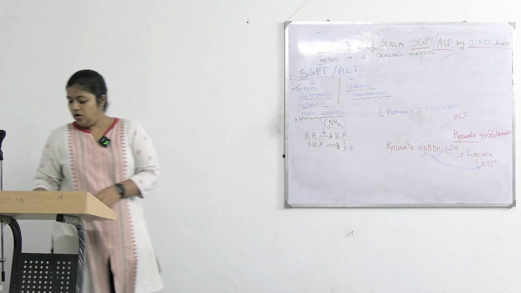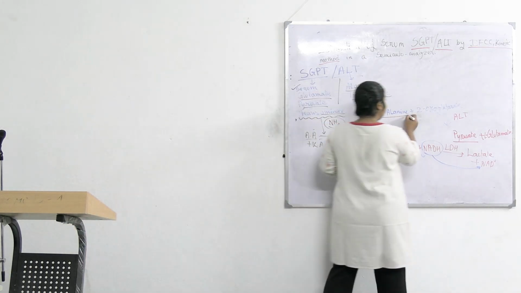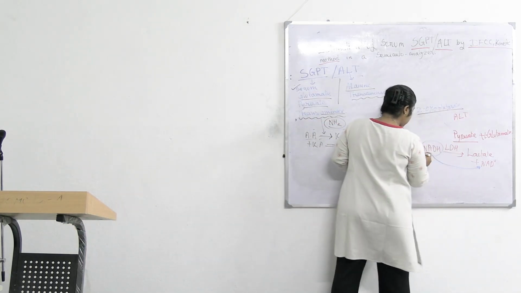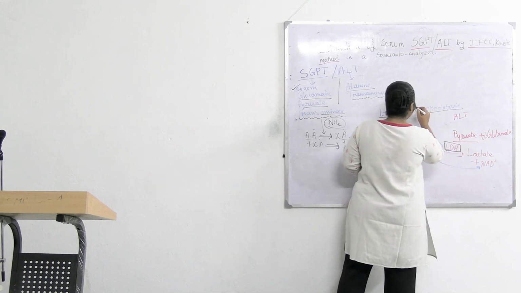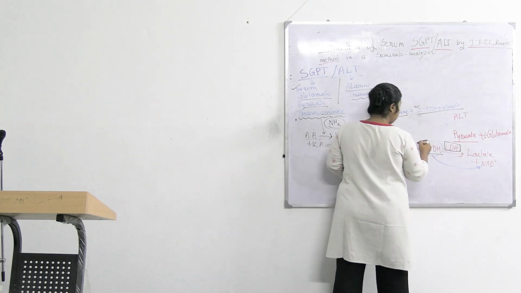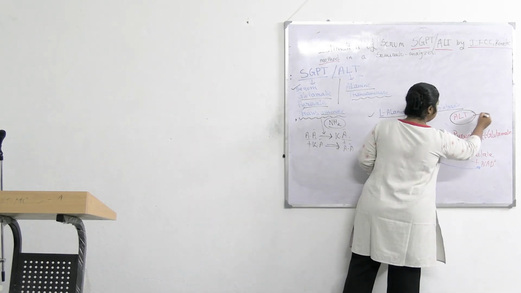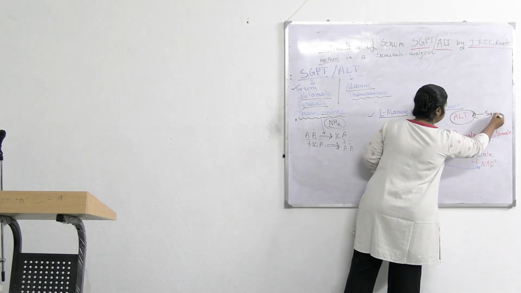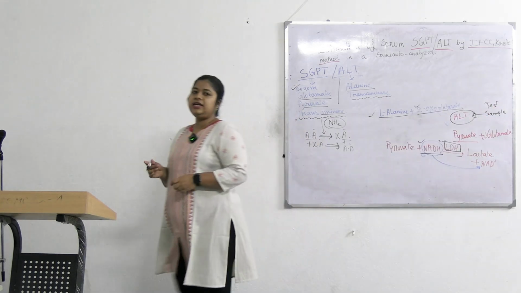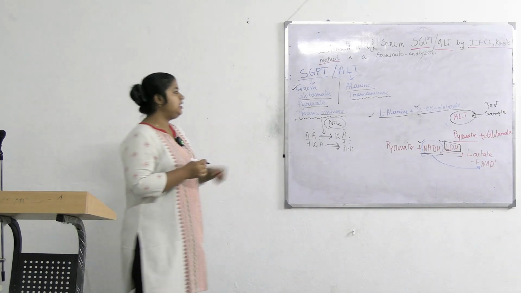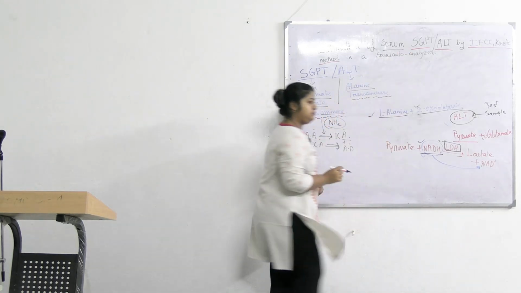All these things, alanine, oxoglutarate, NADH and LDH, should be present in the reagent, and the ALT will come from the test sample. Right, we will measure the ALT concentration in the test sample, that is serum.